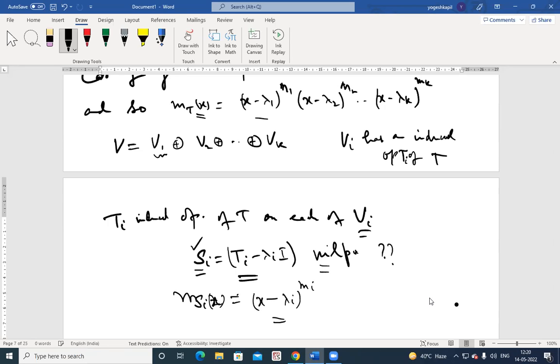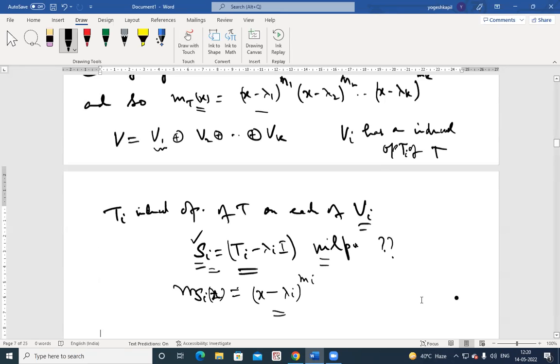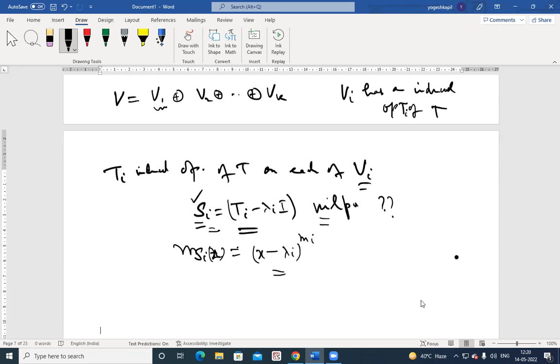And for every nilpotent operator, we have already seen the case; the above case settles this problem for each Si.